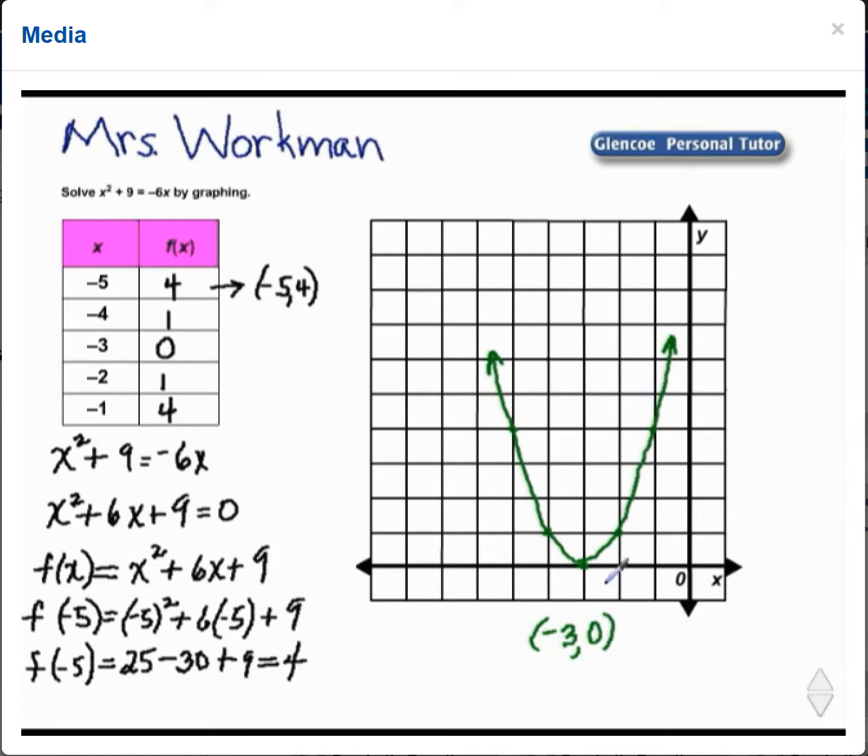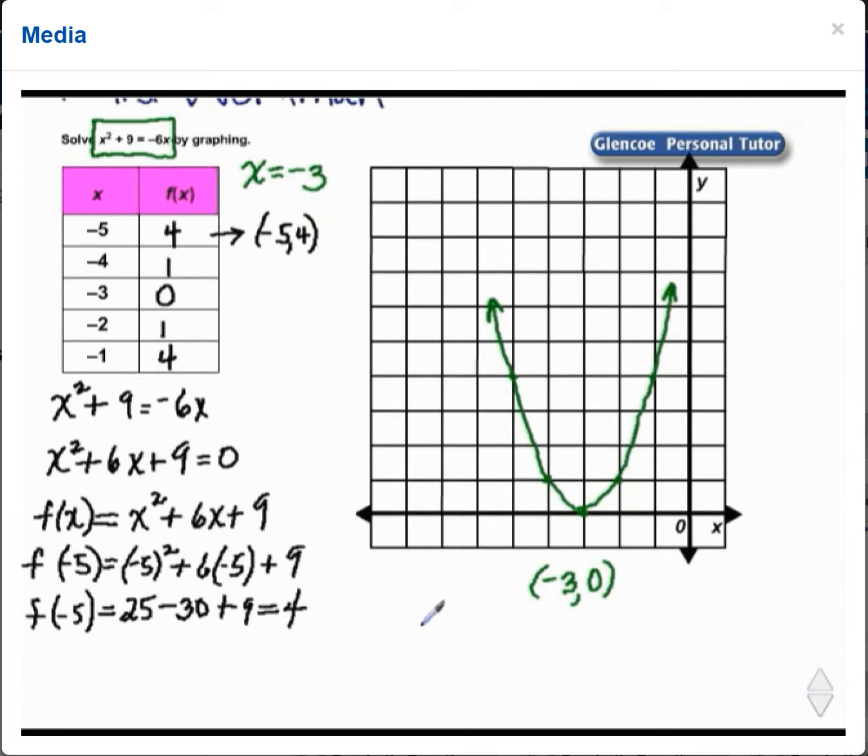And so that tells me that this quadratic equation has one solution, and that is x is equal to -3. Now if we want, just to feel a little bit more comfortable, let's put the original equation, x squared plus 9 equals -6x right here.